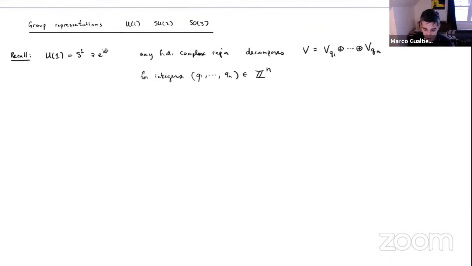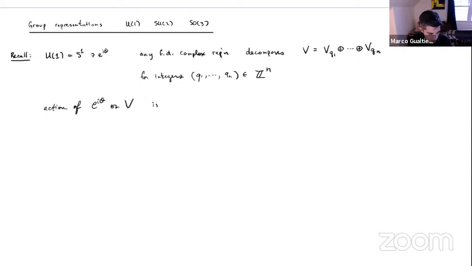And the action of e to the i theta on V is a big n by n matrix.